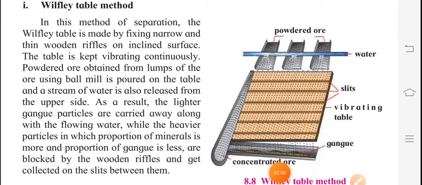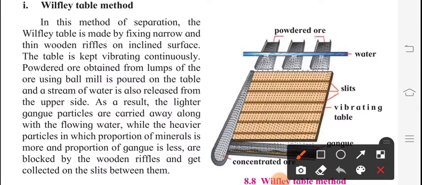As we have seen in the video, the arrangement of the Wilfley table method, that table is this one. The powdered ore is flowing with this container and water tap. With the help of the water tap, when water is flowing, this powdered ore is also flowing with it, and this table is getting vibrating.